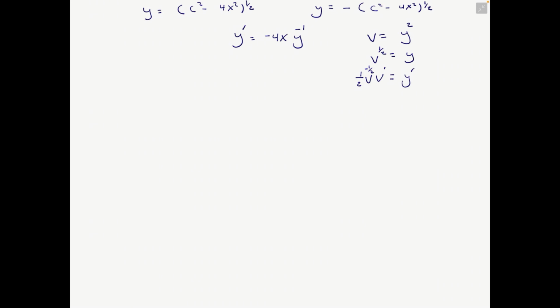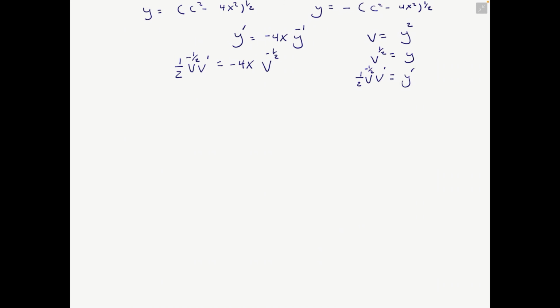And you substitute that back in. And we got 1/2 v to the minus 1/2 v prime equals minus 4x v to the minus 1/2.